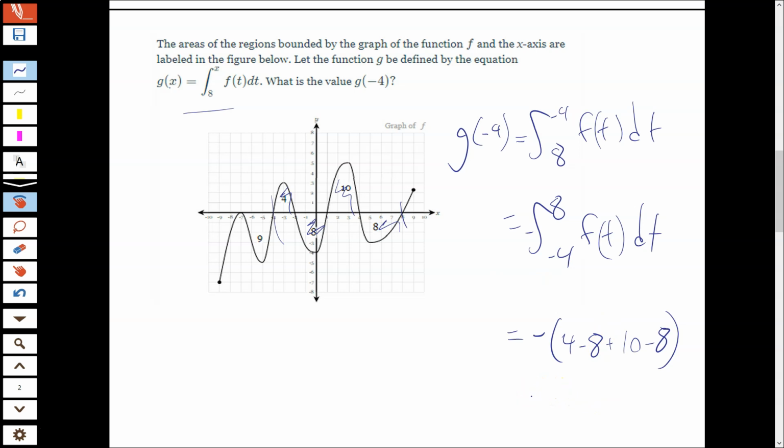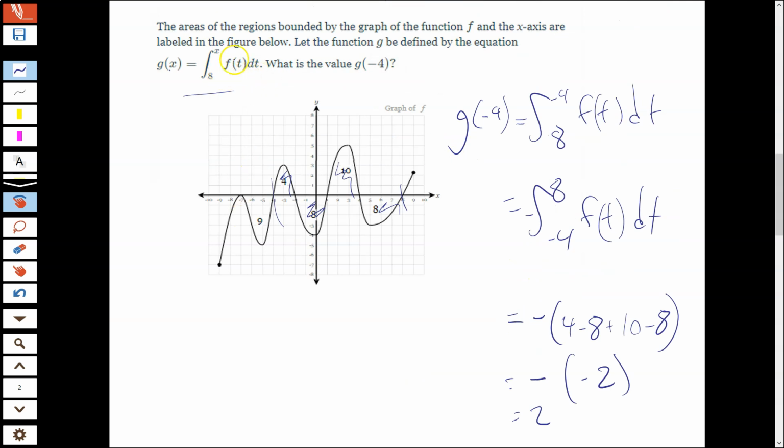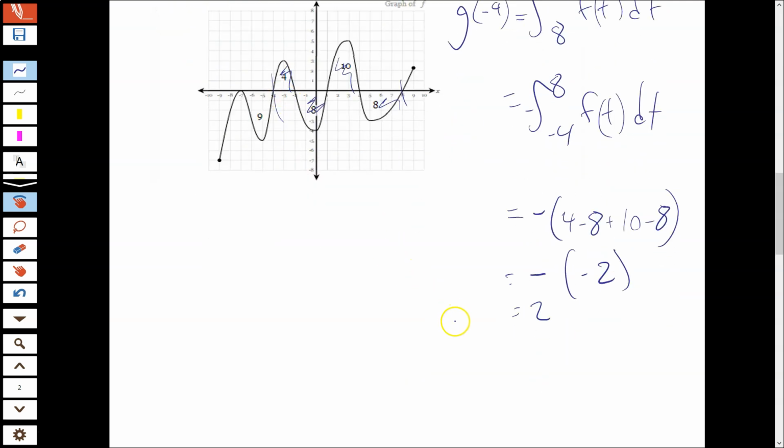The result is negative 2, I believe you get. Yep. So negative 2 inside the parentheses, and then the double negatives become a positive. And that's all there is to it. Given this somewhat scary looking thing, I just say g of negative 4 is equal to 2 based on my graph.